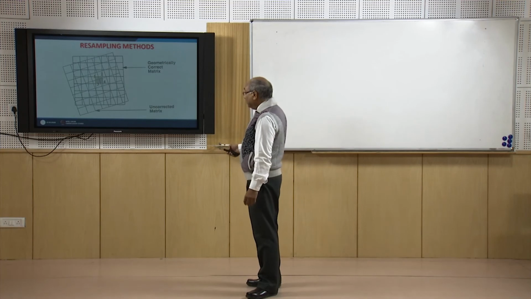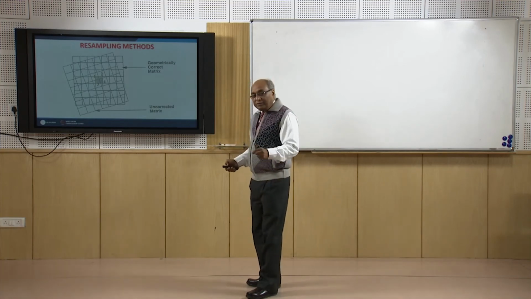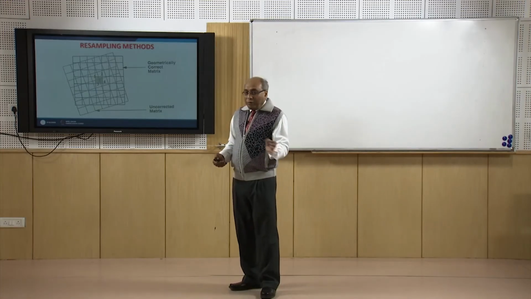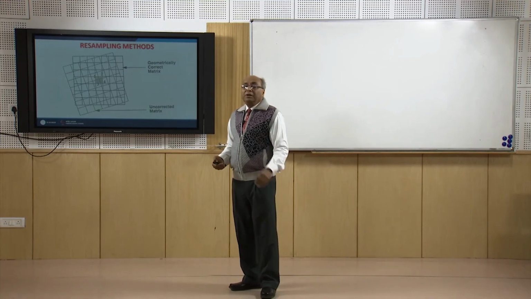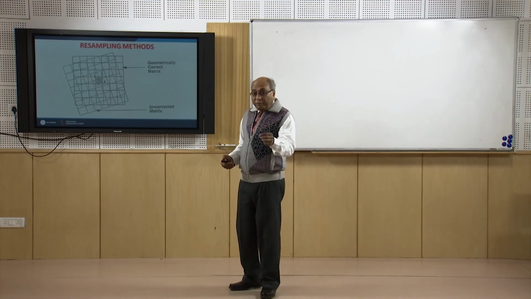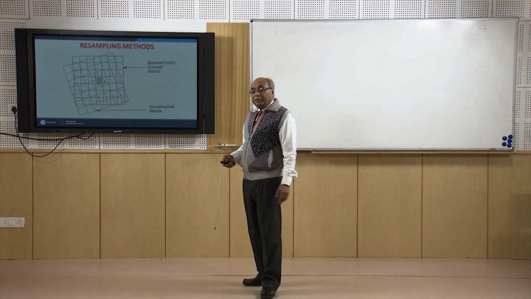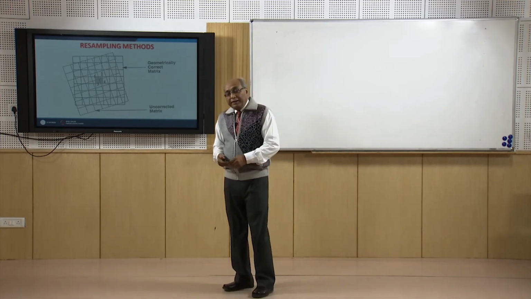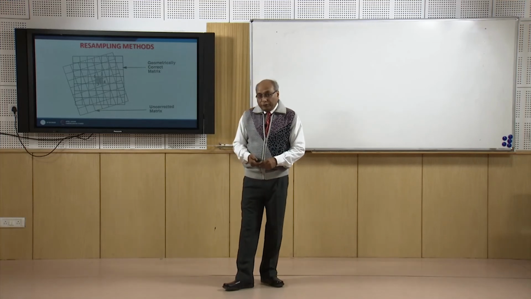So the pixels having maximum overlap and minimum distance will have the maximum say while deciding the pixel value of the target pixel, and a pixel which is very far, having large distance and no overlap, will have minimum influence. This kind of resampling technique is called cubic convolution.